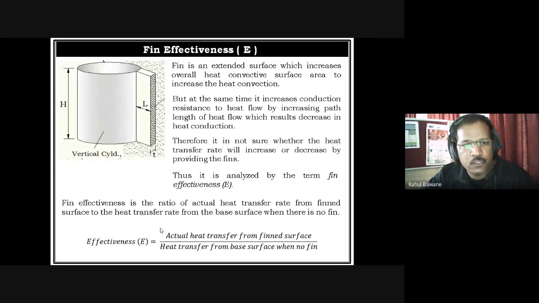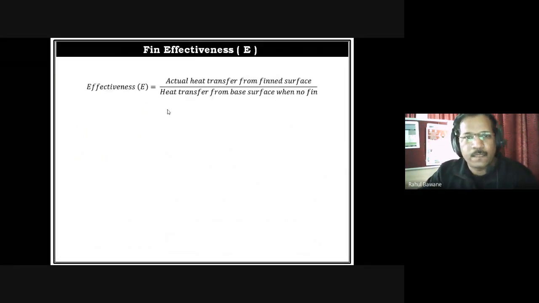And if it is a positive value, that means the addition of fins is actually working to increase the rate of heat transfer. But if this ratio becomes negative, that means after adding fins, the heat transfer rate is actually reduced. So it is better not to provide the fins. Okay. So this is our formula for effectiveness.